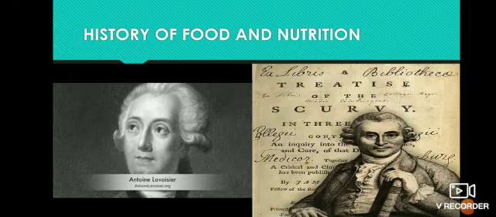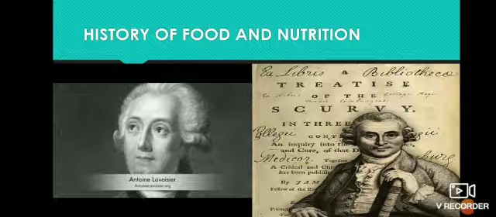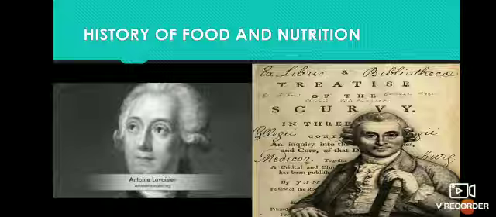Next, we go for history of food and nutrition. You know, children, before 170 years ago itself, there was little scientific knowledge about nutrition. A French man named Lavoisier was the founder of modern science of nutrition, whose contribution led to the ways to nutrition research.